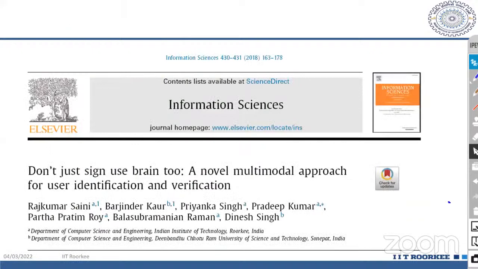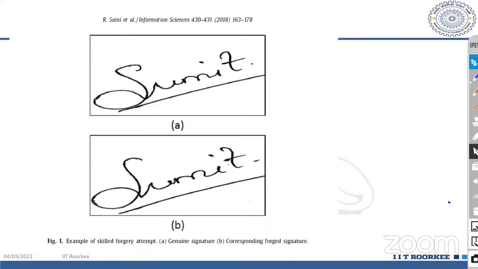And also, if you look at the title of this work, "Don't just sign, use brain too." Don't just sign, use brain too. Nowadays in the banking sector, when you're doing a transaction, it is done based on the signature, the account holder's signature.